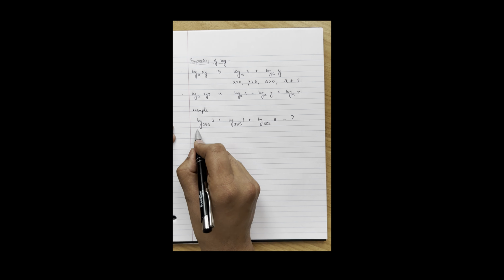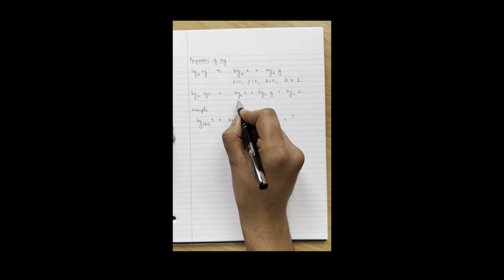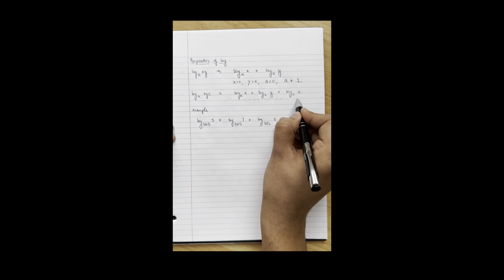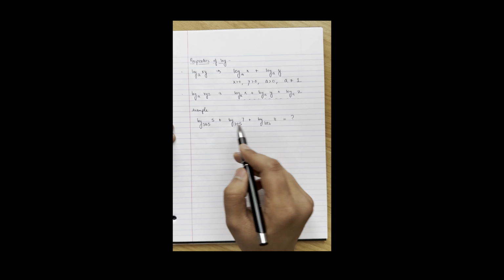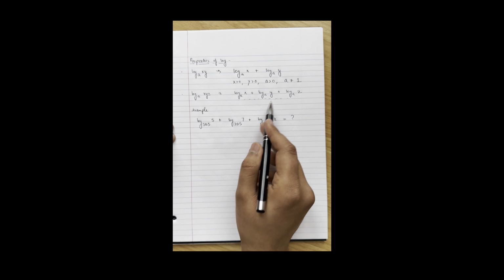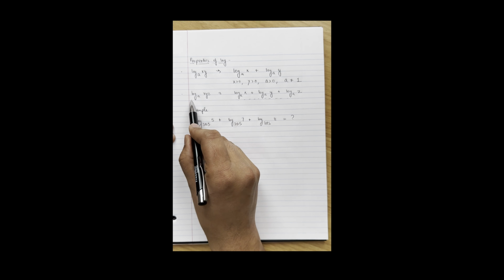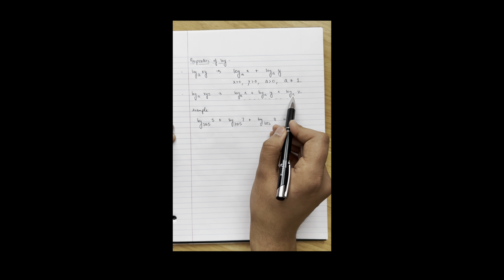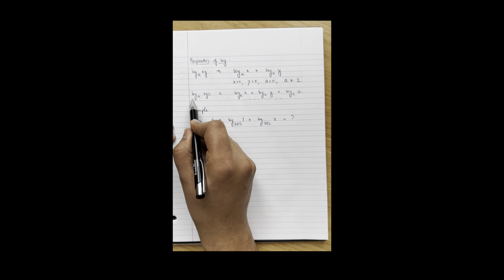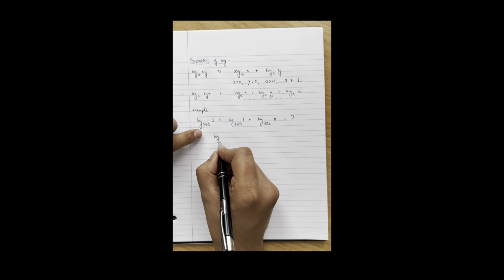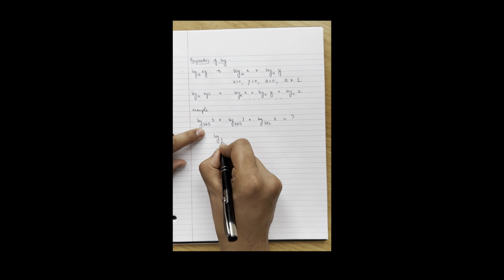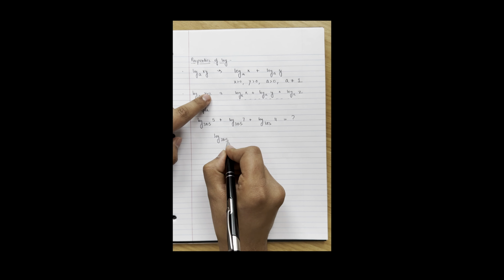Now if you see this question, it is in this form. The bases are the same and the numbers are different: x, y, z. So if I can write this in this form, then I can also write it in the other form. That means log to the base 385 of x, y, z multiplied.